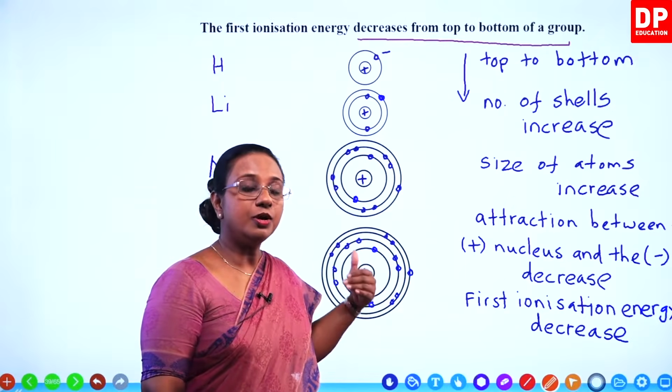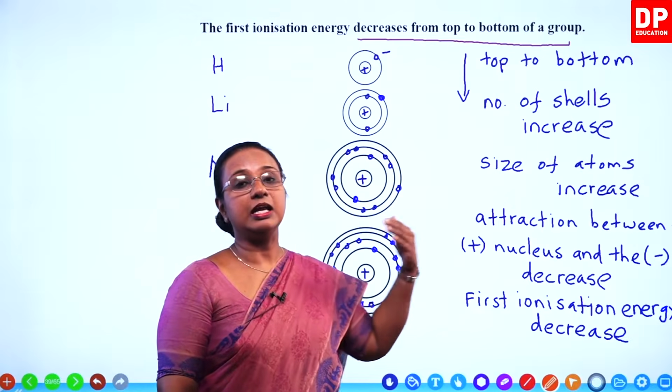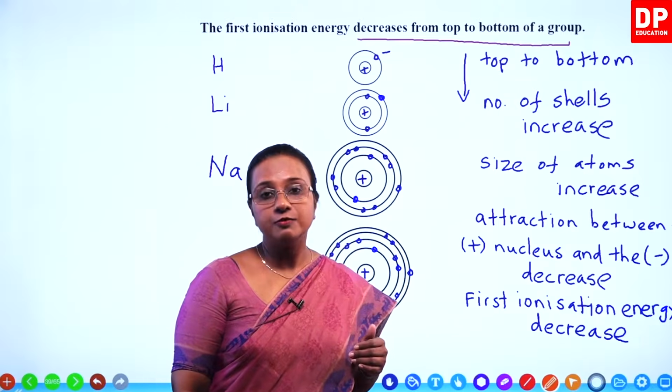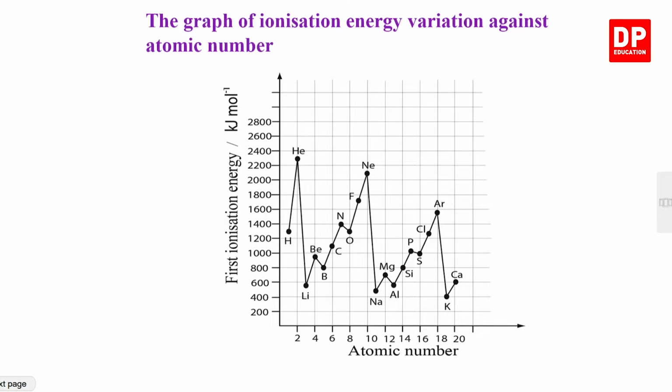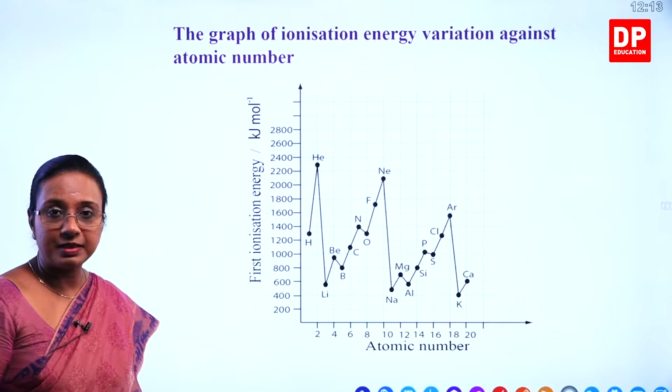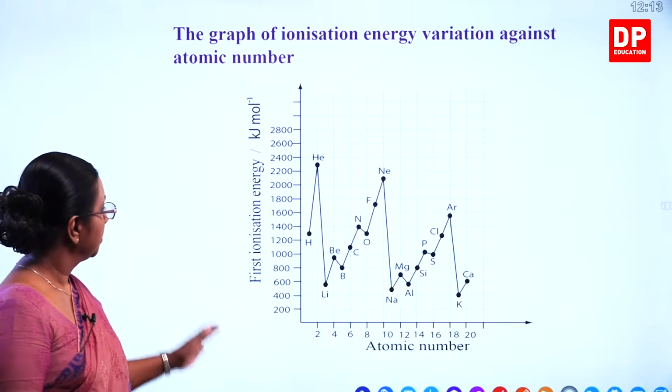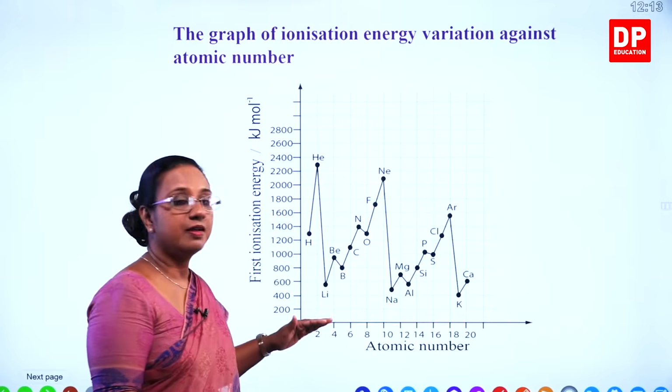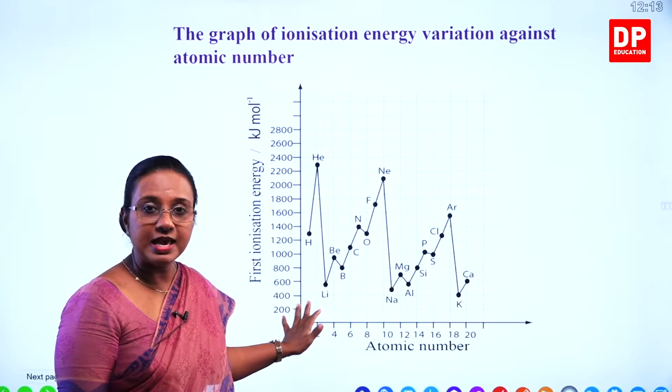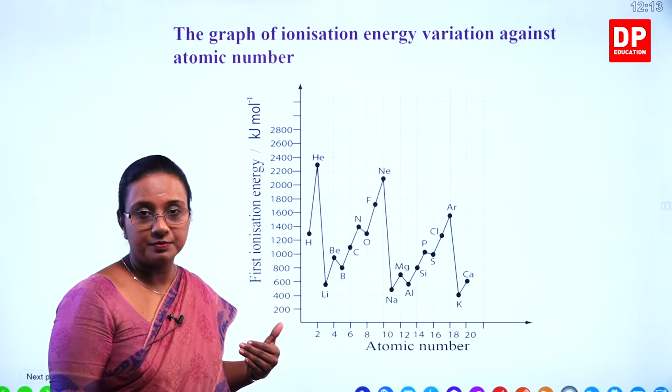Now we will put all these data into a graphical form. The graph of ionization energy variation against atomic number. This is a graph that you have to understand and remember.